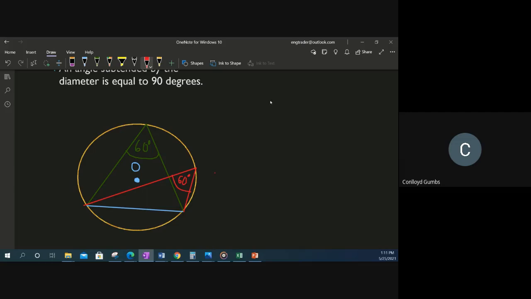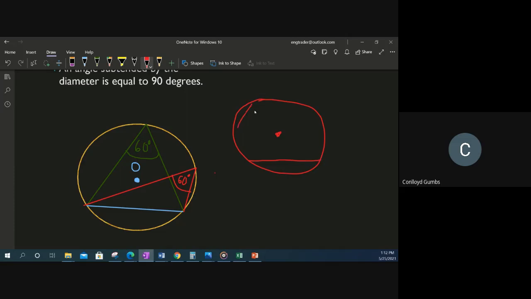So what's a sector now? So you have a circle, and then you try to cut it in half, or however you cut it. So let's say from the center of the circle, you cut across with a chord.